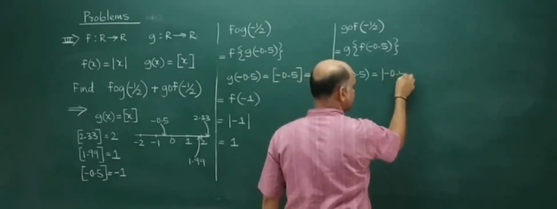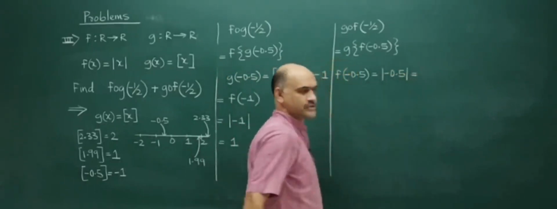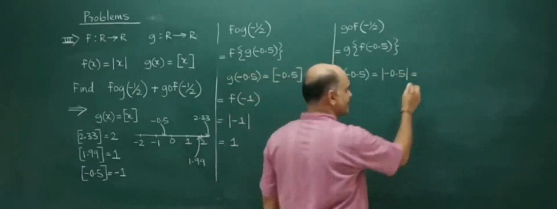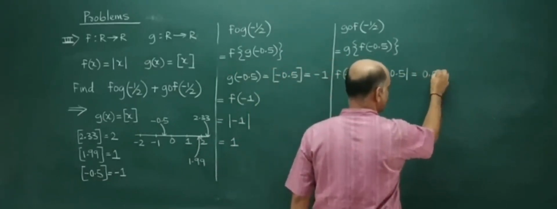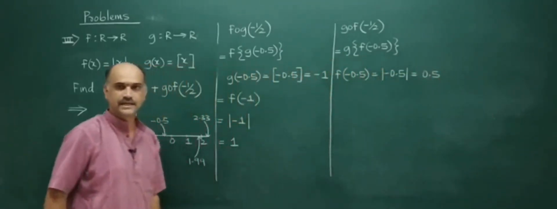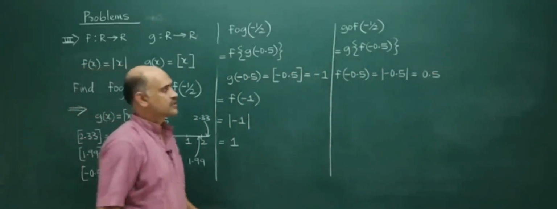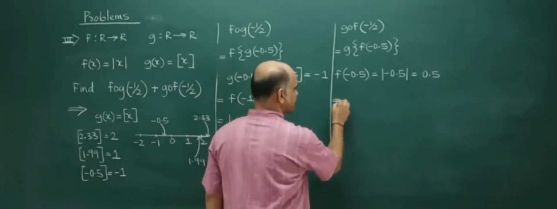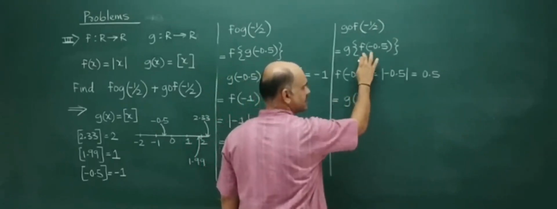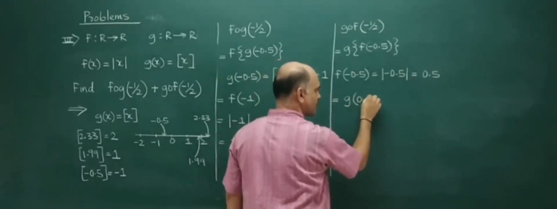Mod of minus 0.5 will be 0.5, because modulus means we neglect the negative, or it becomes positive. Now g of f of x: I will substitute g of this value, 0.5.